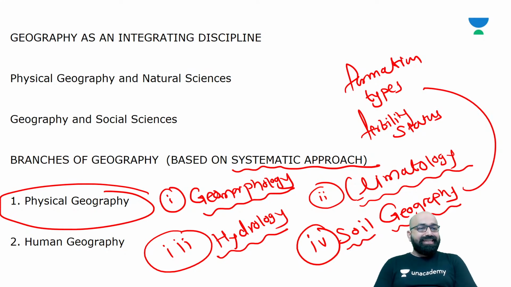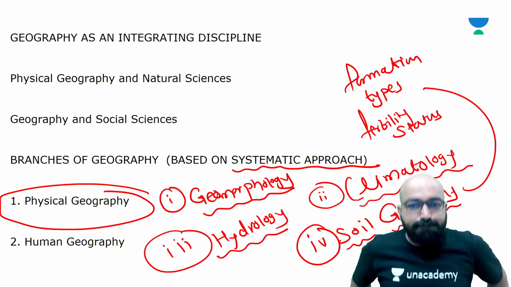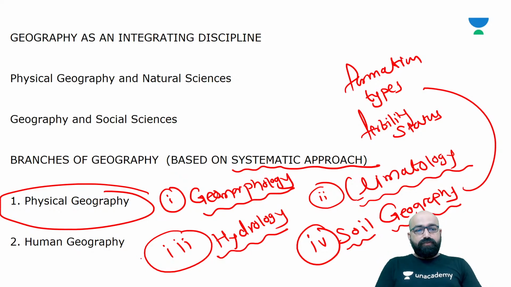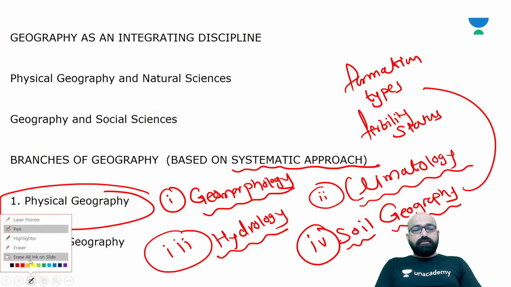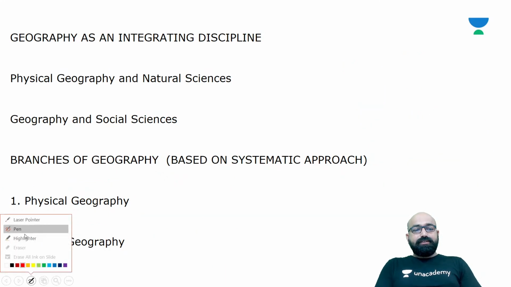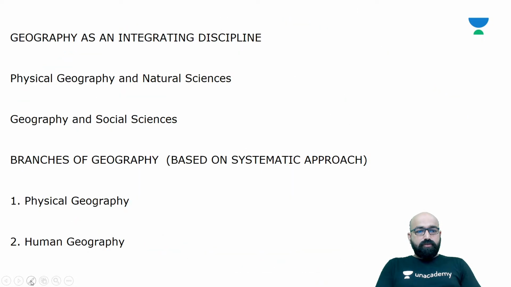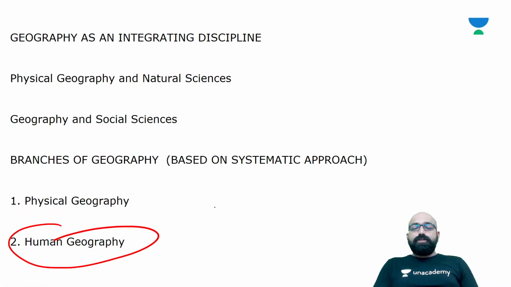Now, the next branch based on systematic approach, that is human geography. Yes, after physical geography, now, friends, we will discuss human geography.